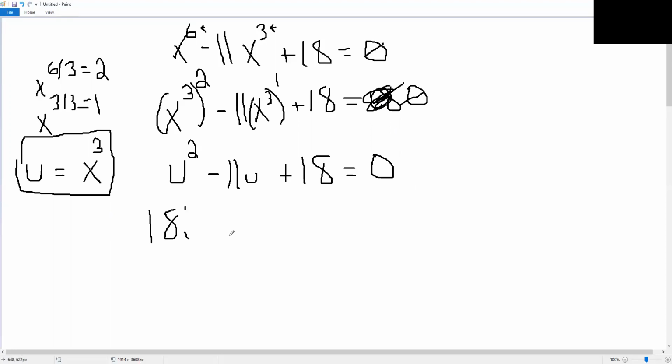Let's find the factors of 18. So we know we have 1, plus or minus 1. We know 2 will go into it. Now, well, 3. So we can take 18 divided by 3 on your calculator, and you will get 6. What else will go into 18?